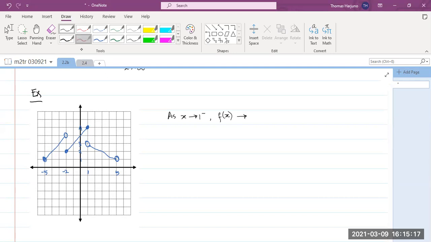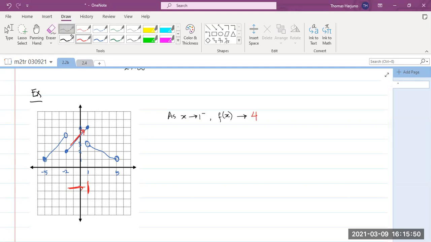So this is our x equals 1. It's here, right? Now you approach from the left-hand side. As x goes closer and closer to 1 from the left-hand side, the value of the function is approaching the value 4.